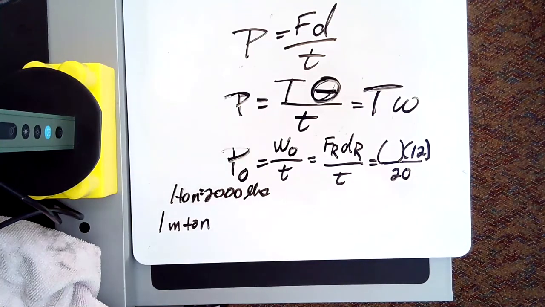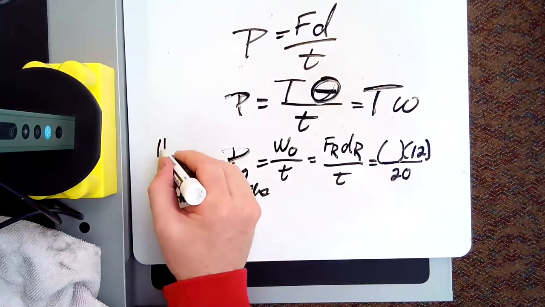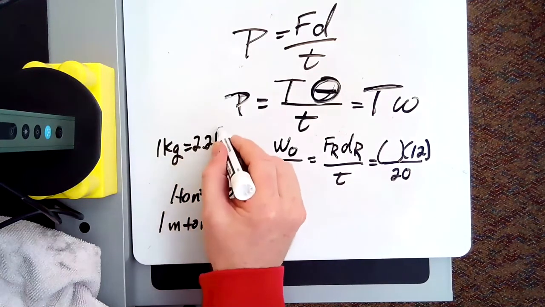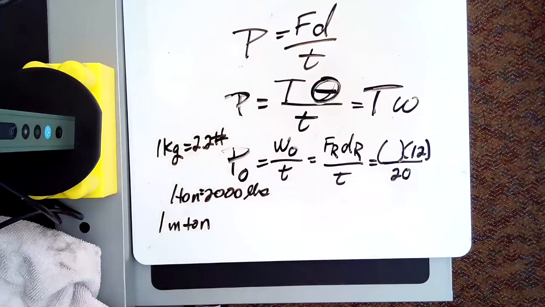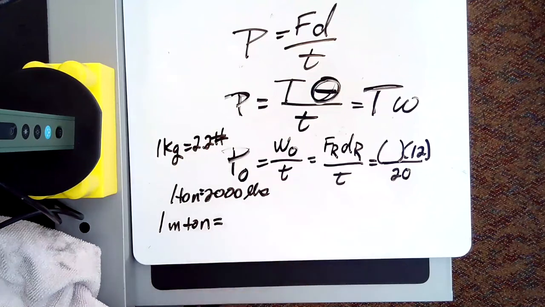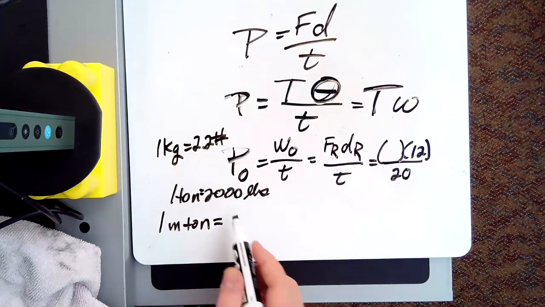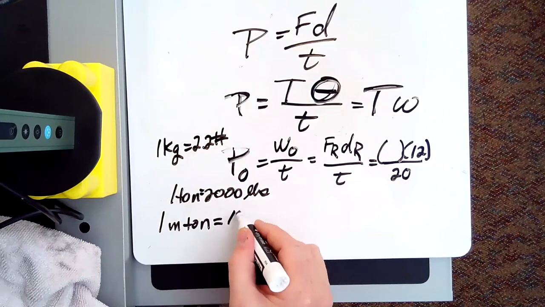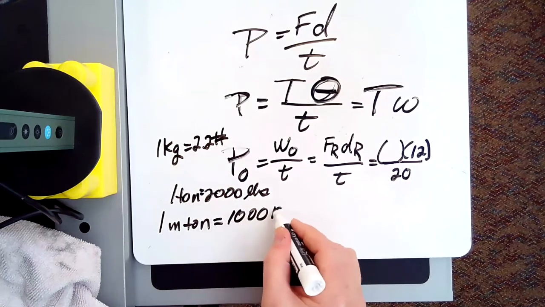What is a metric ton? Well, here's the deal. A kilogram of mass is around 2.2 pounds. So a metric ton is actually a mass. Instead of a weight, it's actually a mass. A metric ton is equal to 1,000 kilograms.